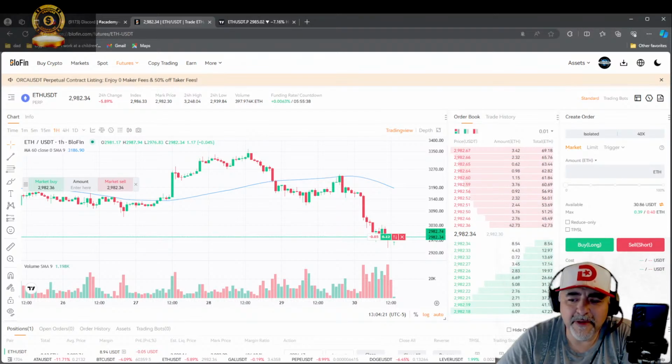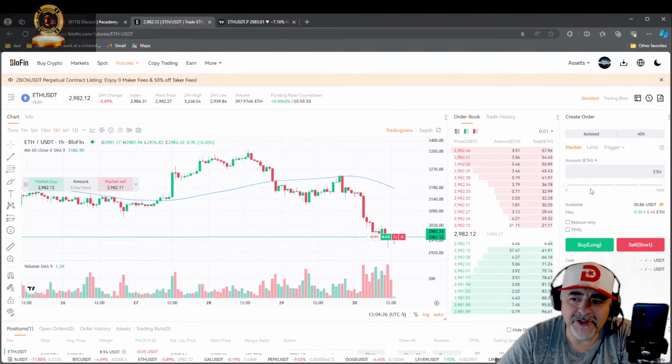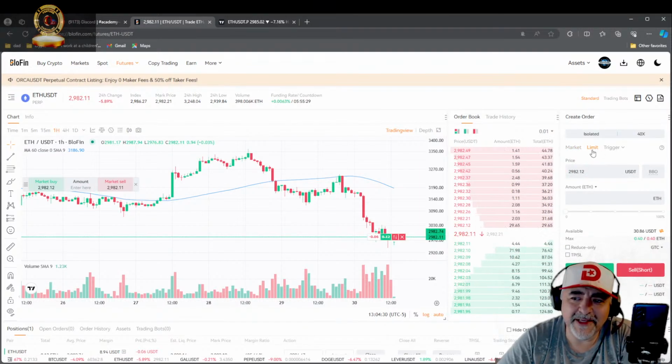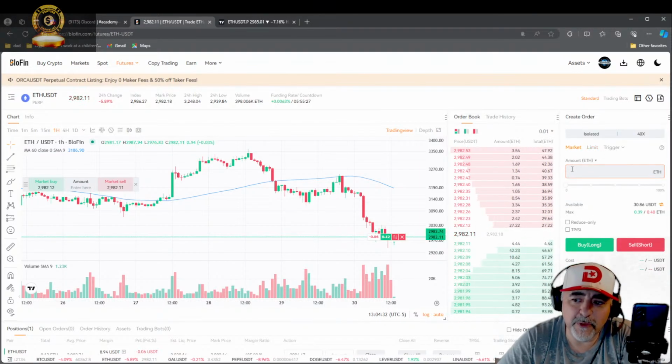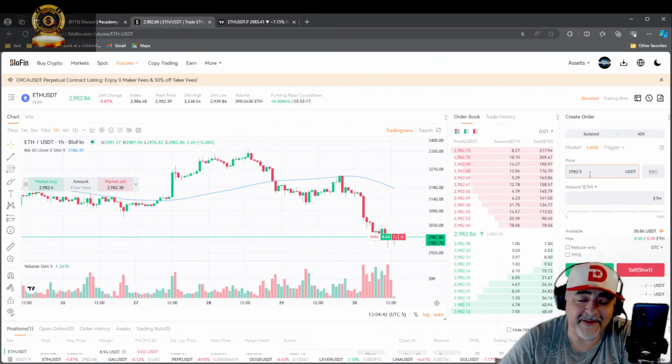Now, if you want to be a little more precise, this takes a little more practice, you would change that to limit. What that means is when you click limit, going from market, instead of just having the amount of ETH you want to buy or a slider of your available wallet, it opens up a field that says price.